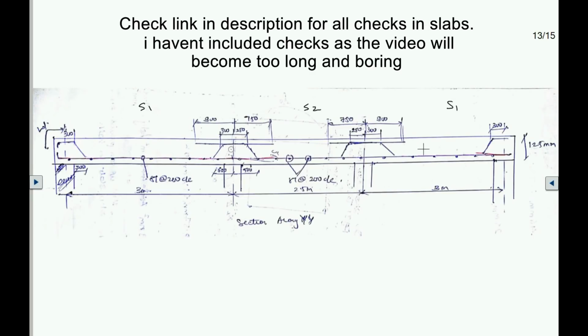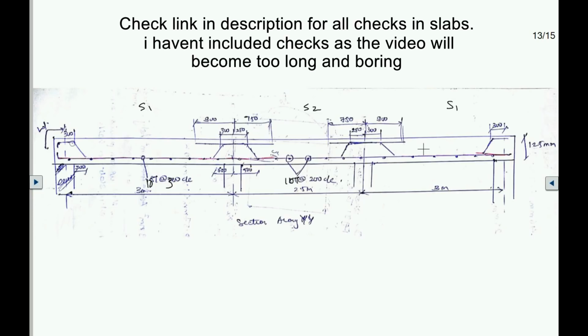As you can see, I've written it as 8 tor at 200 center to center because I wanted to make a change over here. When I solved it for myself I took it as 10 mm, but for change I took 8 mm for the video. So it doesn't matter, you can write 8 tor at 300, which was for our case, 10 tor at 200 center to center.